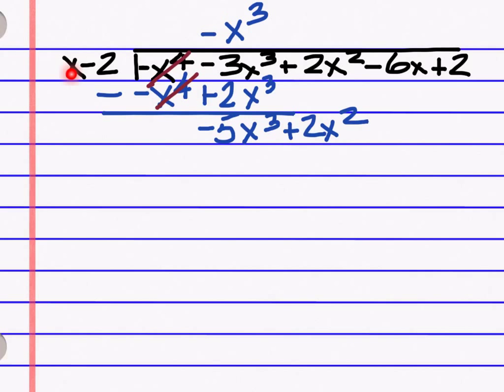What do I multiply this by? That's right, I multiply this by negative 5x to the second to get this. So negative 5x to the second would give me negative 5x to the third, and I'm multiplying this by this to get a positive 10x squared.